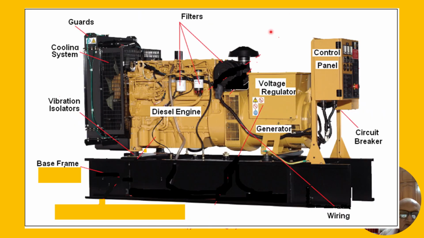Friends, this is also a diesel generating set, but it shows some other components also. Let us begin. This portion is the diesel engine coupled with the alternator or generator, and this generator has its voltage regulator and control panel here.